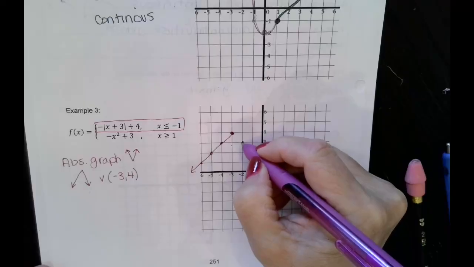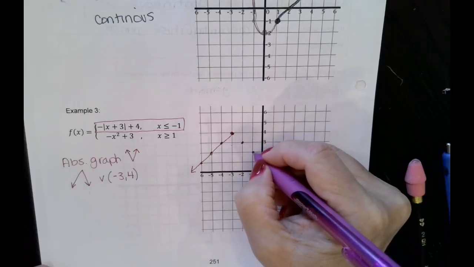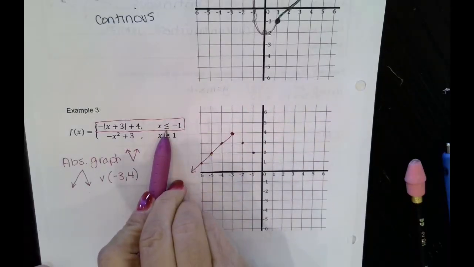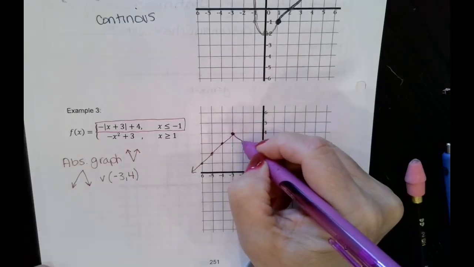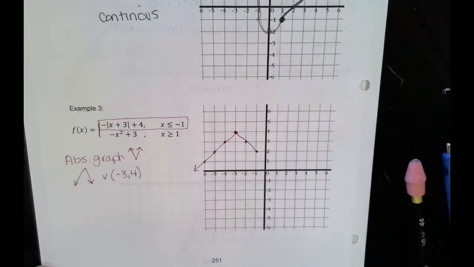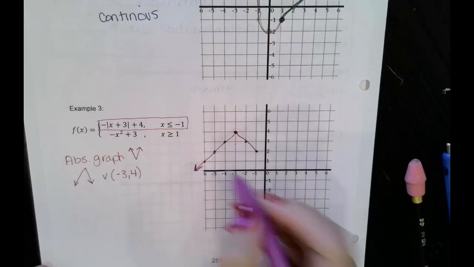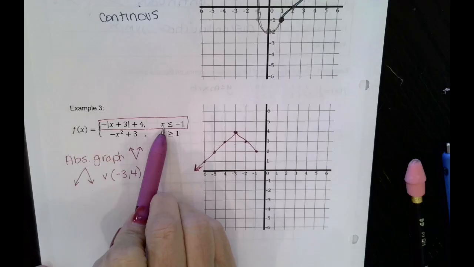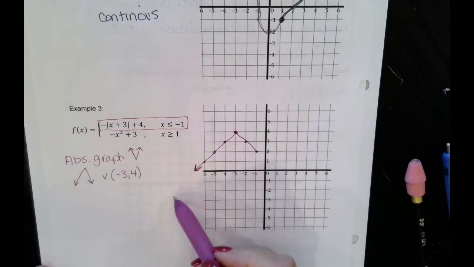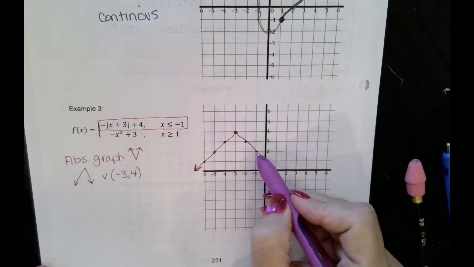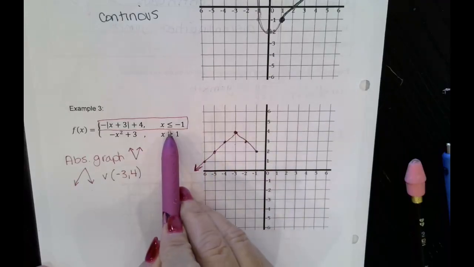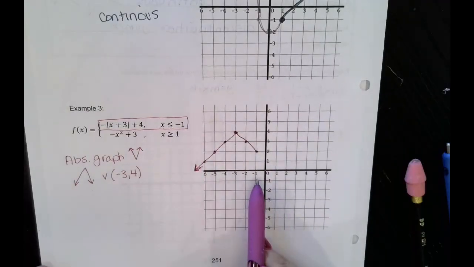So I'm going to have a point here, and this point, because this is equal, is closed. So my graph is going to end at that point. Now there's an arrow on this side of my graph because this says x is less than. So it's going to keep going and keep going and keep going. But on this side, I don't have an arrow because this says it's going to end when x equals negative 1. So it's going to end right here.